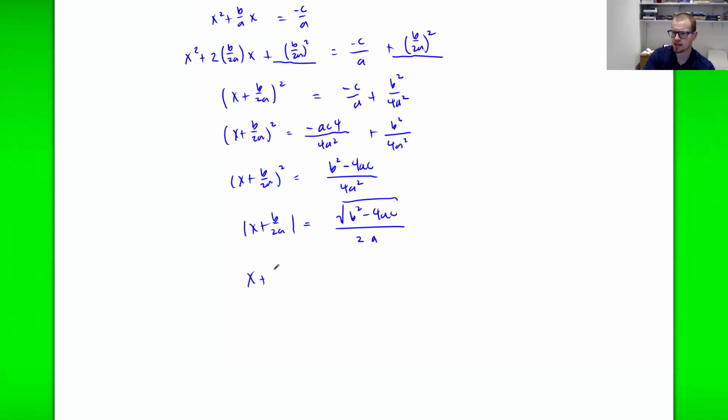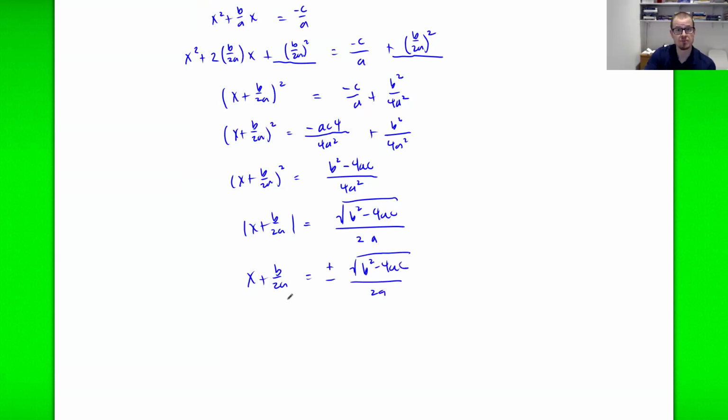So I get x plus b over 2a is equal to, I can take the positive version or the negative version, and to simplify that, I just write it as plus or minus the square root of b squared minus 4ac all over 2 times a.